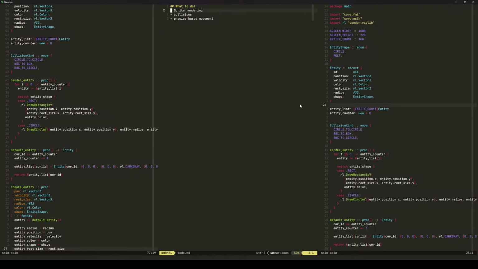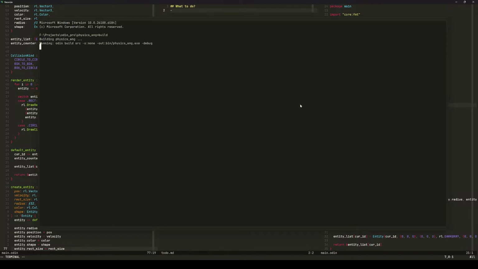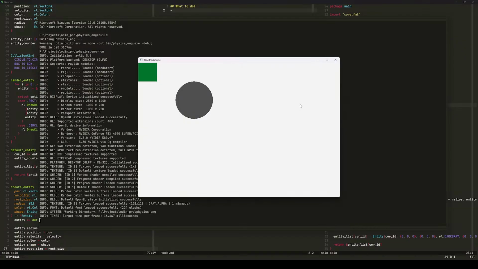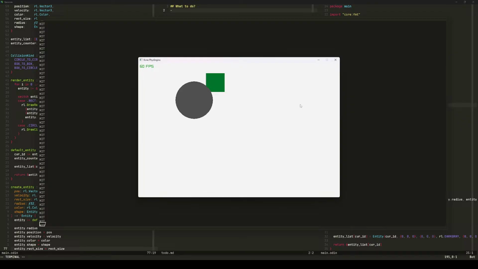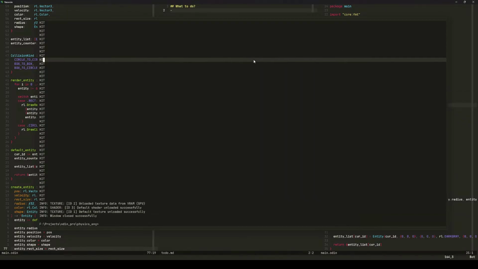Rendering, this is all old, I guess. What to do? What I had last time was a simple movement, right? I didn't really do the resolution.